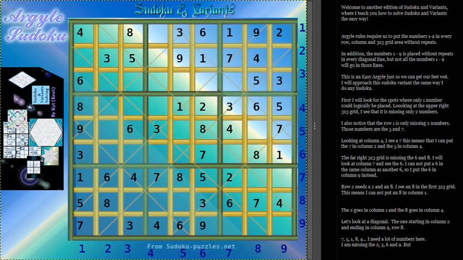Argyle rules require us to put the numbers 1 through 9 in every row, column, and 3 by 3 grid without repeats. In addition, the numbers 1 through 9 are placed without repeats in every diagonal line.